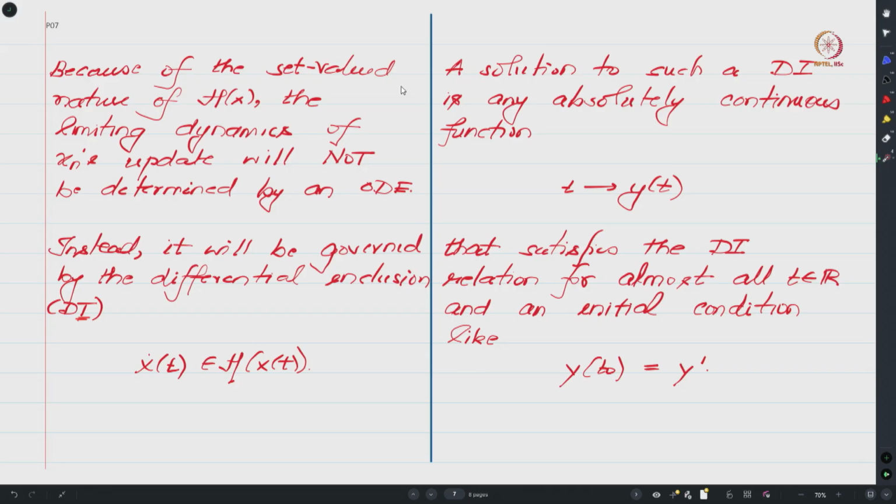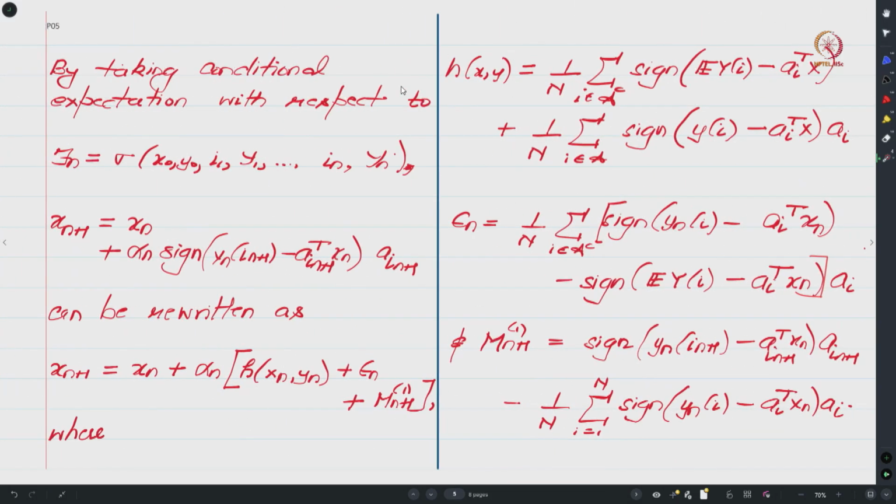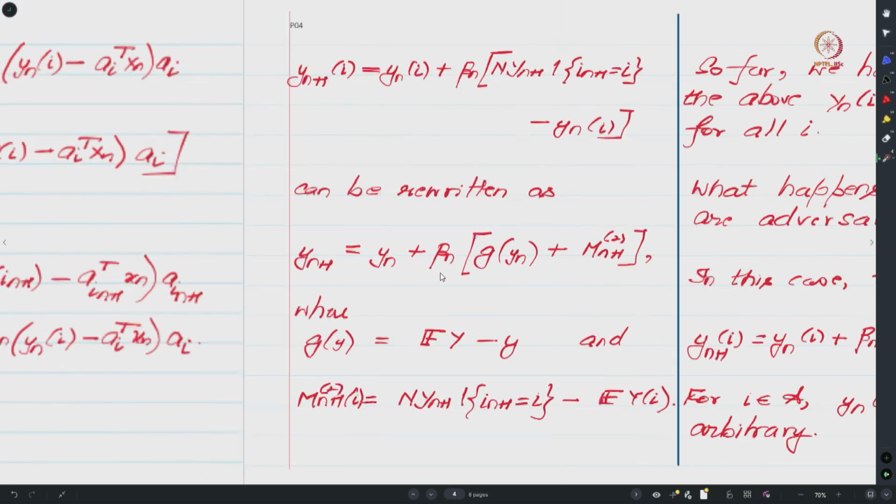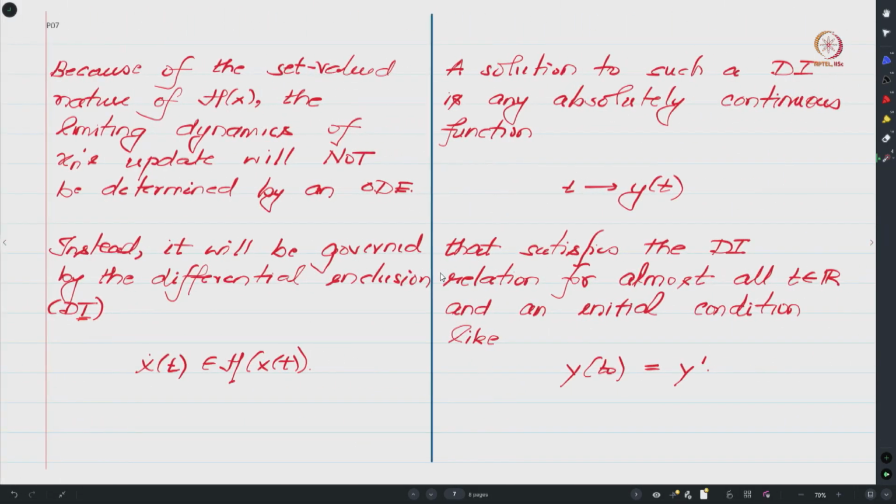That gives rise to sub differentials when the argument to this absolute value in this expression is 0. Then the expression that we have over here is not actually a derivative but rather a sub differential. So the sub differential also gives rise to set valued dynamics, but I would not like to go into those details at this point in time. Is this okay? So that is how it is.